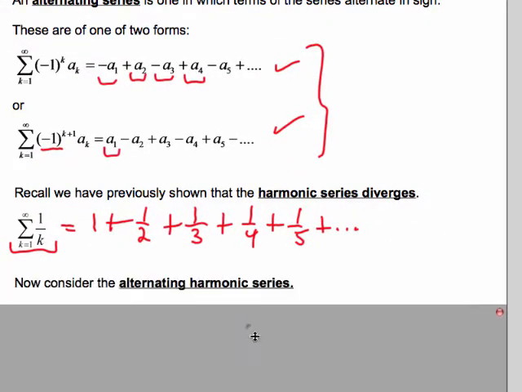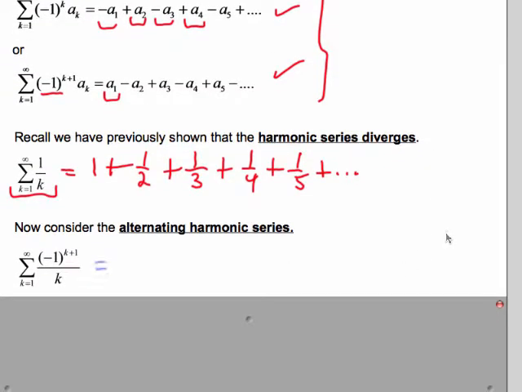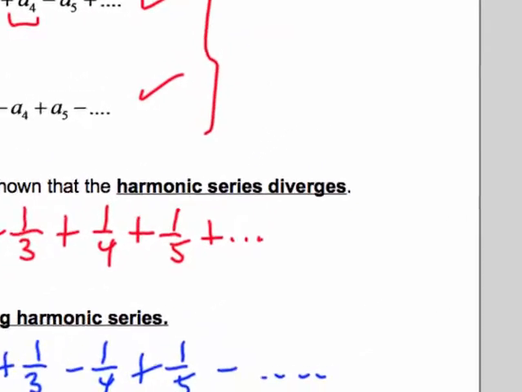But what I want to look at now is the alternating harmonic series. And my terms here would be 1 minus a half plus a third minus a quarter plus a fifth, etc. And we want to look at whether this converges or diverges.